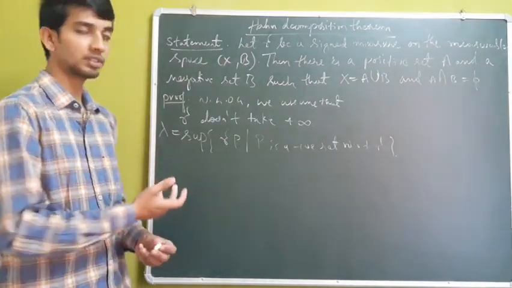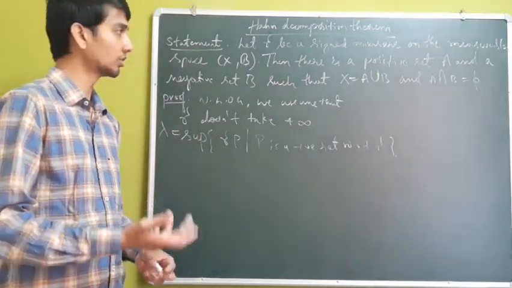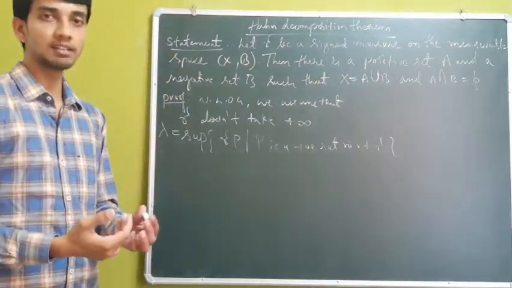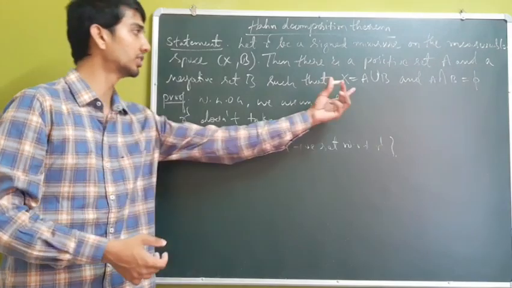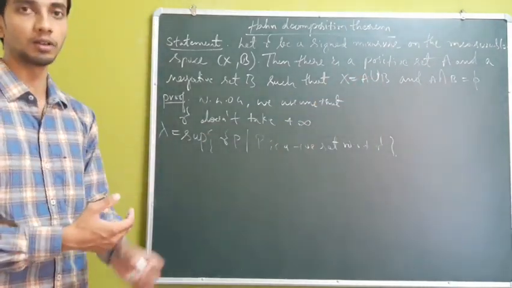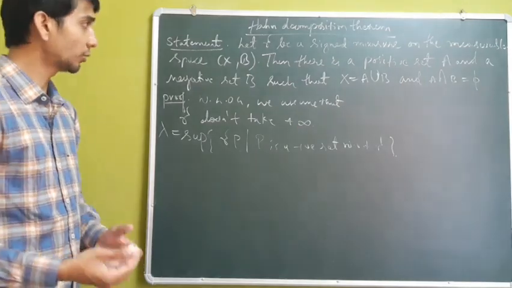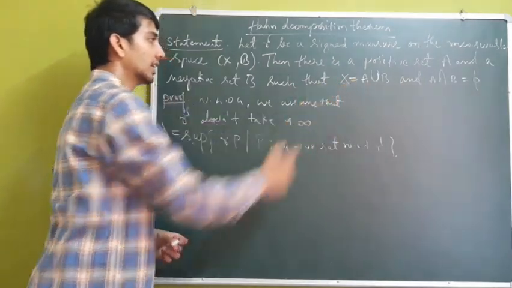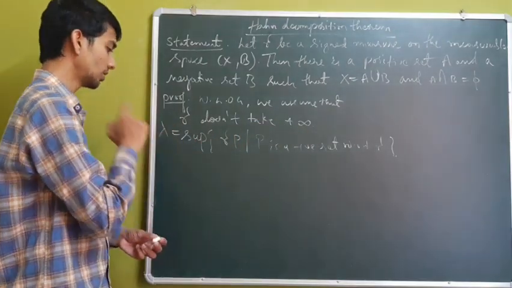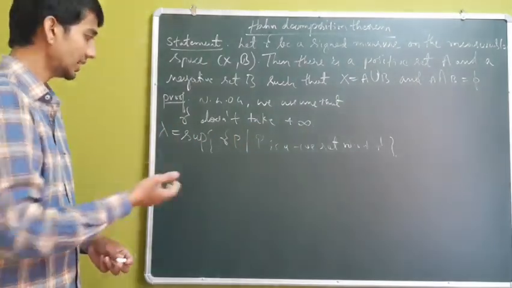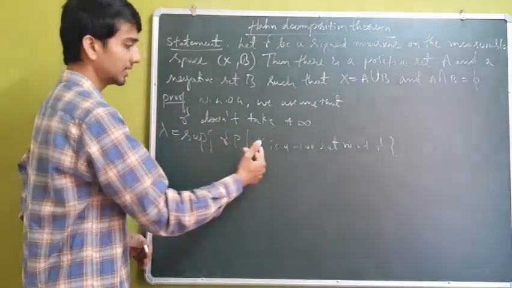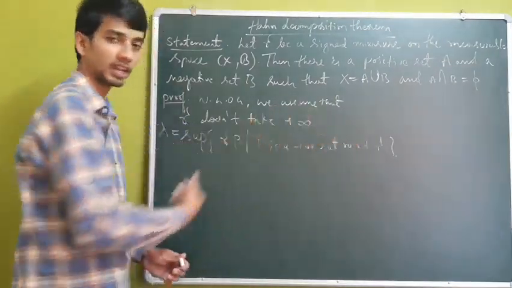Now the proof will proceed by the following method: first we will find a positive set, say A, and then with the help of the positive set we will find a negative set, say B. So this is how the proof will proceed. And to find a positive set A, it is enough to prove that the sign measure of A is equal to lambda, because lambda is a supremum of the set where P is a positive set with respect to the sign measure.